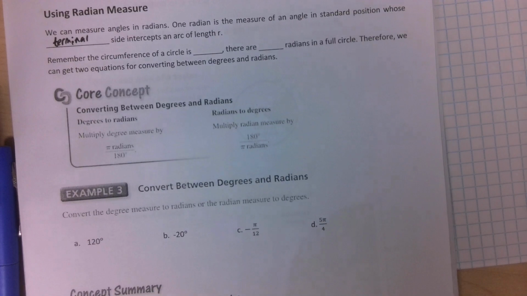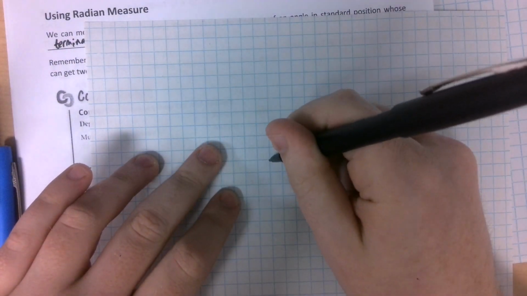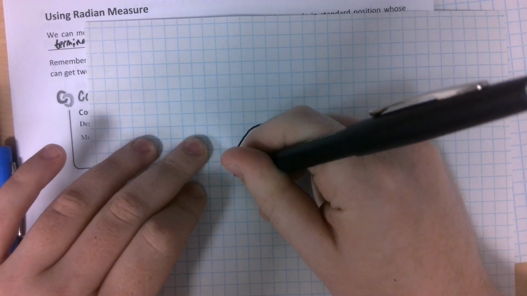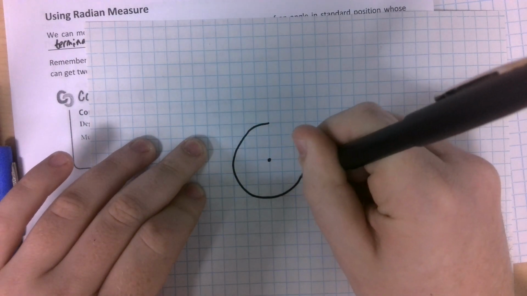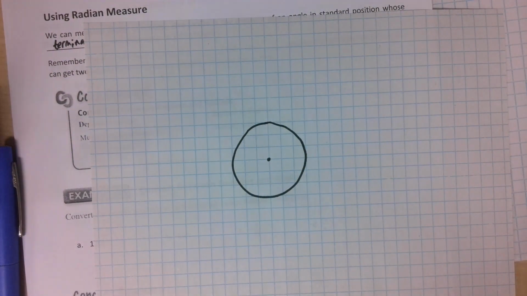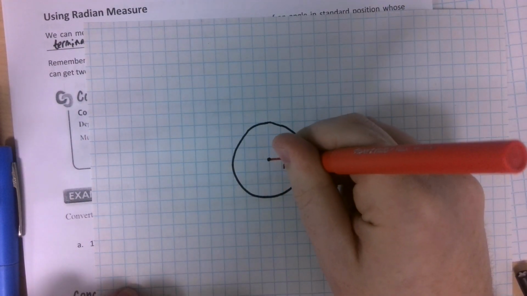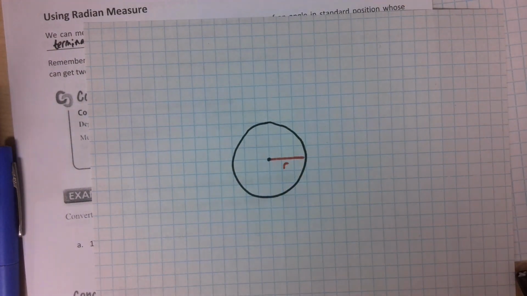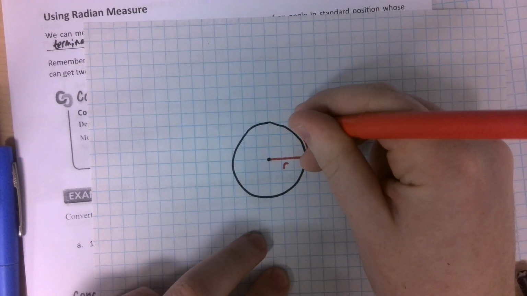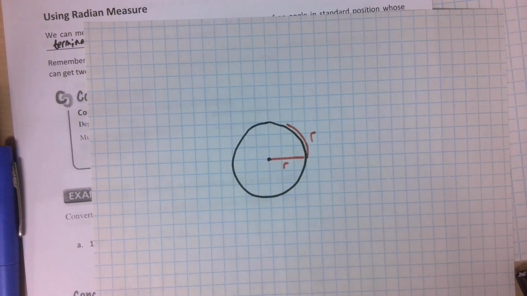But long story short, if we have a circle with a radius of, let's say, r. So here's my circle. In this case, I'm just going to make a radius of 3, just because it's nice to see. If I have this radius r, 1 radian is the amount of movement I need to do along the outside of the circle to also get to length r.